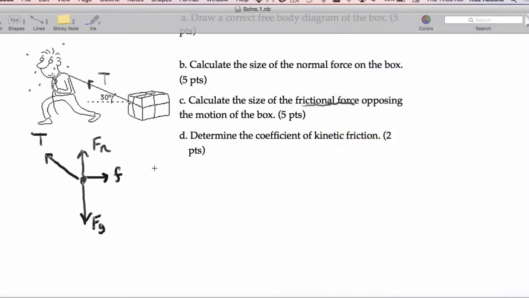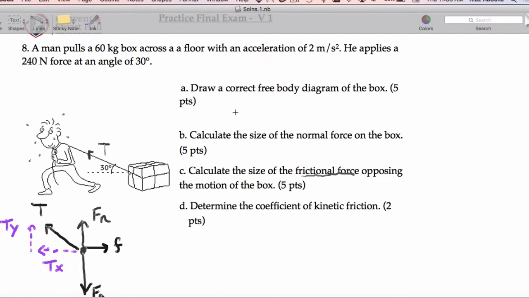The next thing we're going to do, this is optional for the free body diagram, but I like to do it, is I'm going to actually write and draw the tension force's horizontal and vertical components. And I'm going to go ahead and calculate those now.